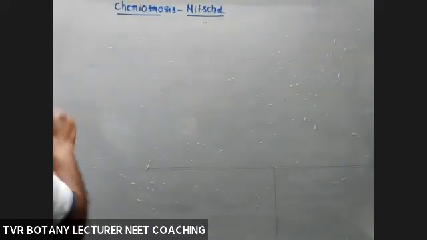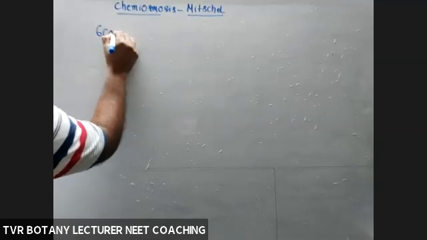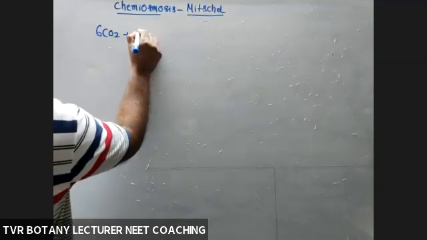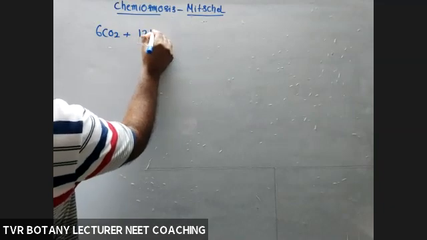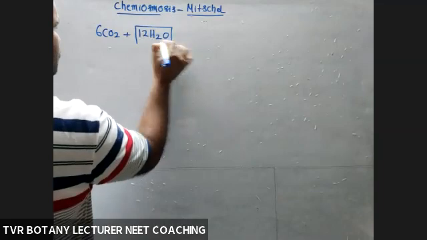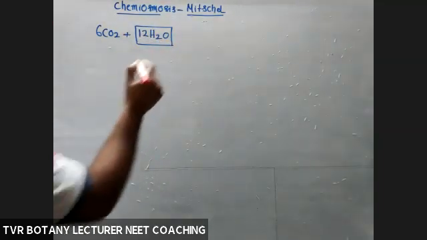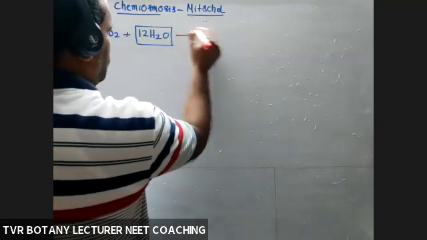If you go back to oxygenic photosynthesis, 6CO2 plus 12H2O. This is very, very important. One question was given: what about the use of the 12H2O molecules in that equation? What is that role? We'll see.